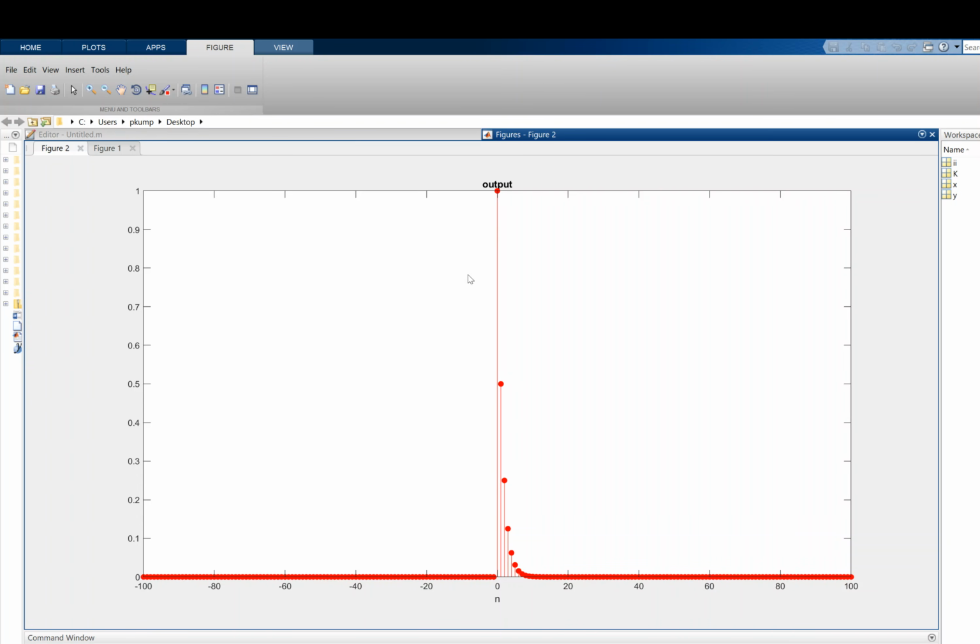We calculated these in the previous video, and this is what we would expect to get at the output of the system described by our difference equation. Since the input was an impulse, this is the impulse response, h of n.